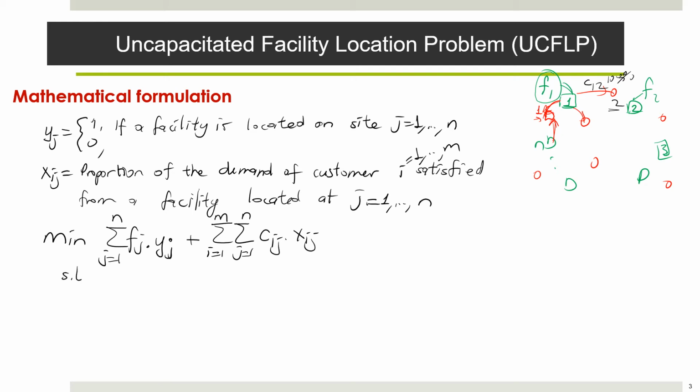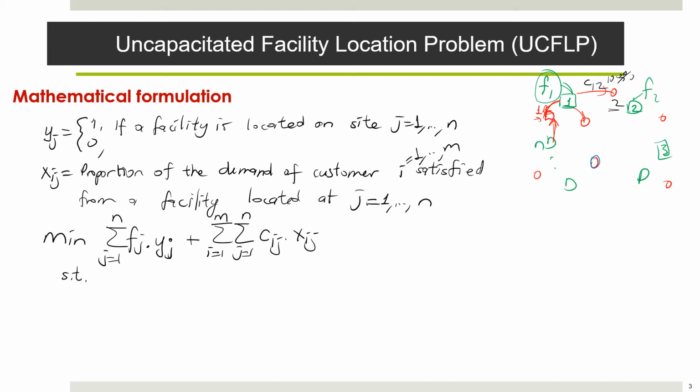And subject to, we need to write the constraints. What are the constraints? First of all, we need to satisfy 100% of the demand of all customers. For each customer, their demand must be satisfied by 100%. So let's consider this customer over here.